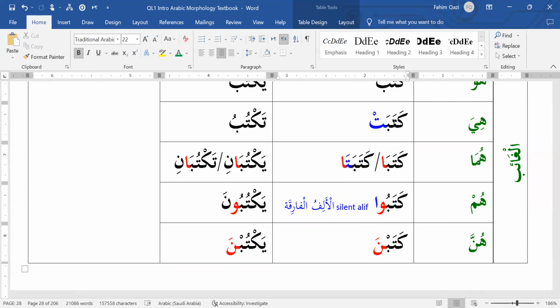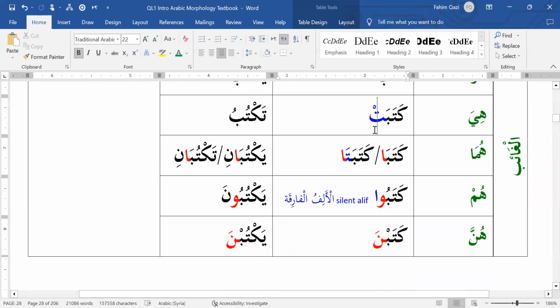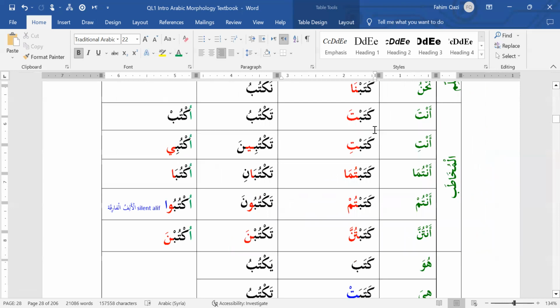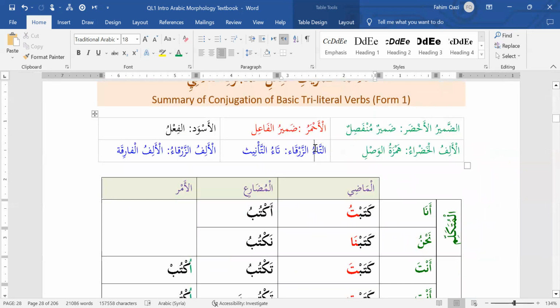This ta is designed to let you know that the fa'il is mu'annath, that the doer is feminine. So whenever the doer is feminine, you put the ta. This ta is not the doer, it's not red, it's not a pronoun, it's just a harf, a particle. So it appears in two instances in al-madi. So that was the blue ta, the feminine ta.